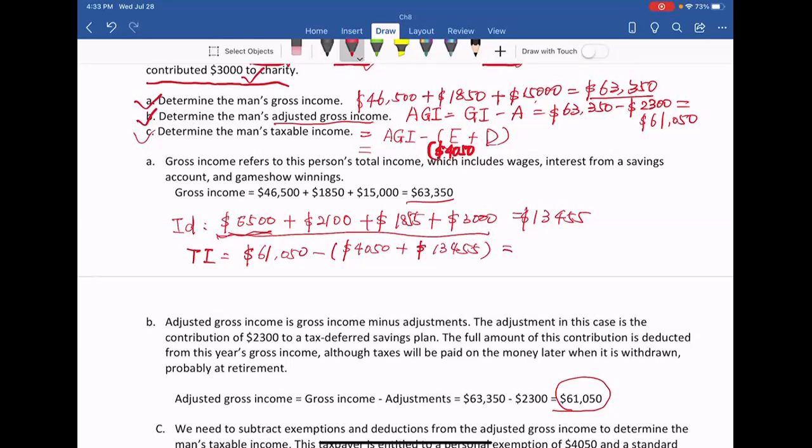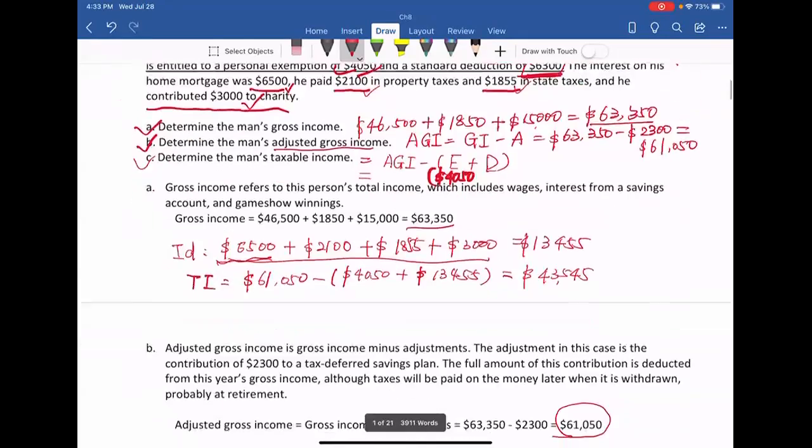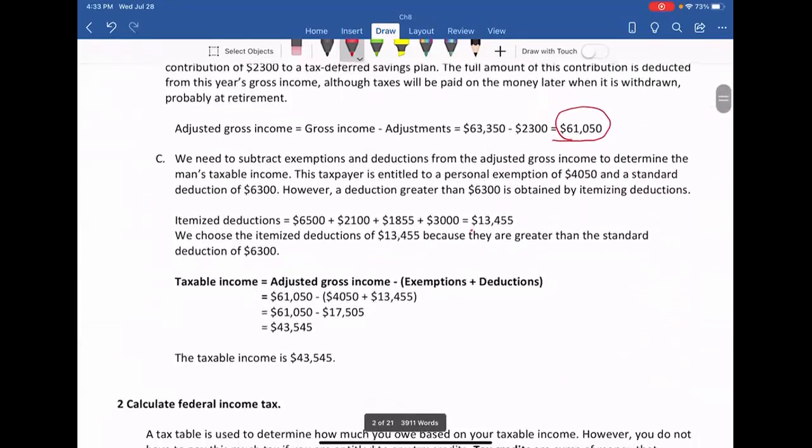Use your calculator to provide the answer here: 43,545. So this is the amount of income he is taxed on. Okay, that's the way to solve the problem.